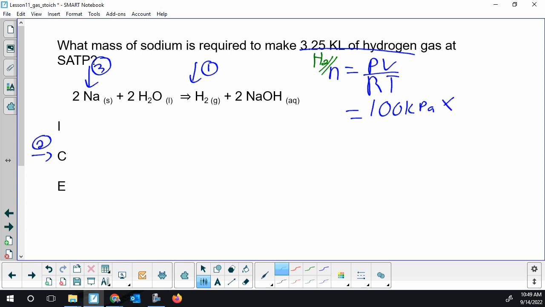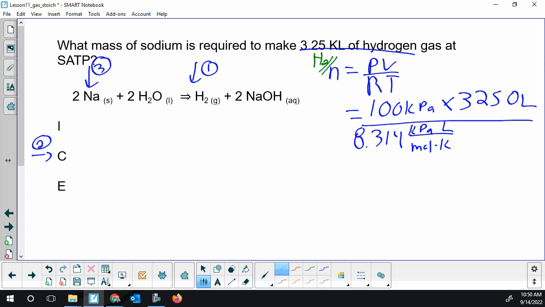Times volume, we need liters, because when I get to my R on the bottom, that's 8.314 kilopascals liters over moles Kelvin. So I need my gas in liters. We have 3¼ thousand liters. To get rid of the kilo, we multiply by 1,000, so that's 3,250.